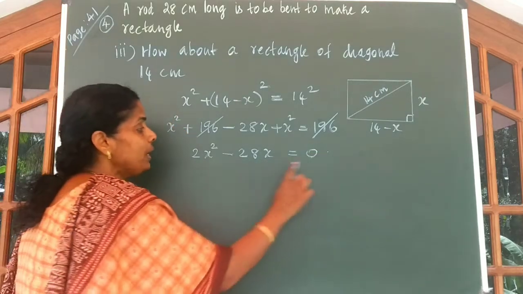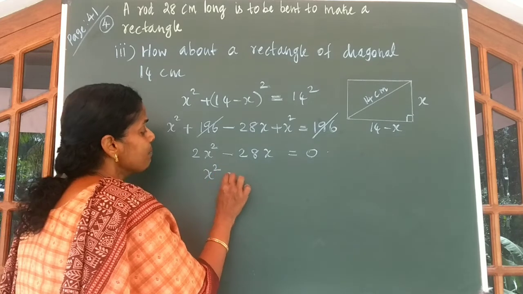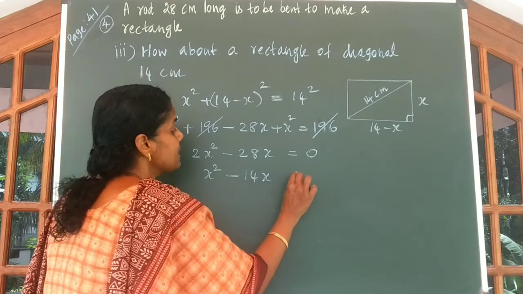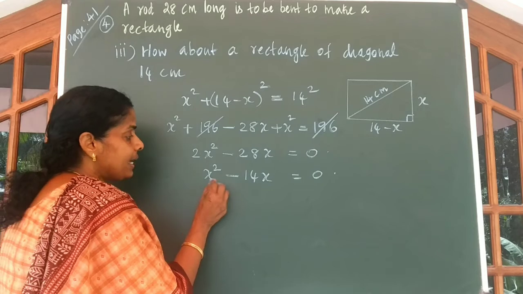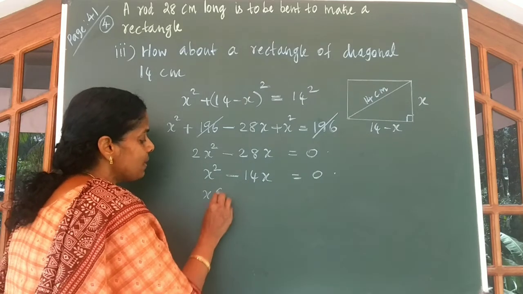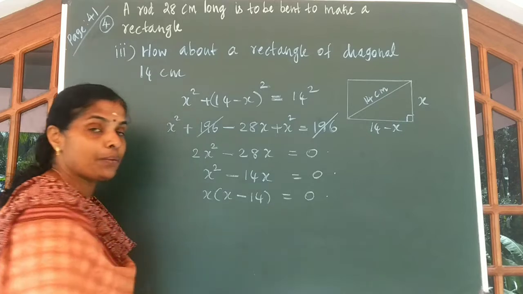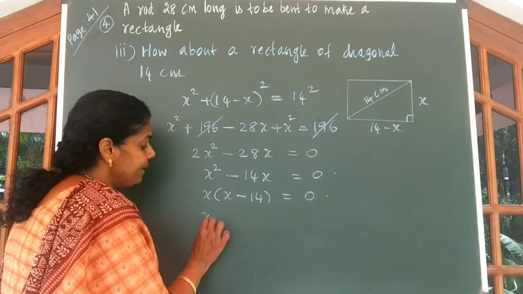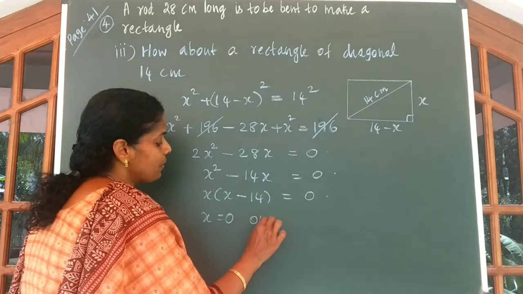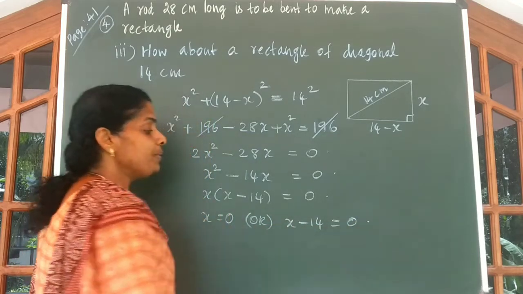Dividing the whole equation by 2, we get x square minus 14x is equal to 0. That is, taking common term x outside, we get x into (x minus 14) is equal to 0. Or otherwise, we can say either x is equal to 0 or x minus 14 is equal to 0.